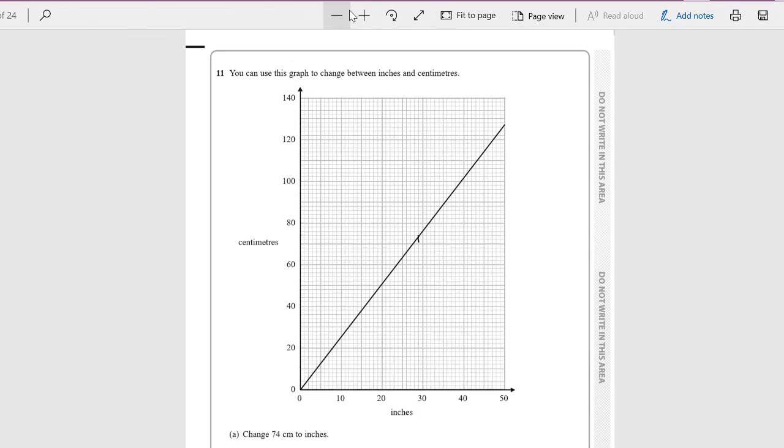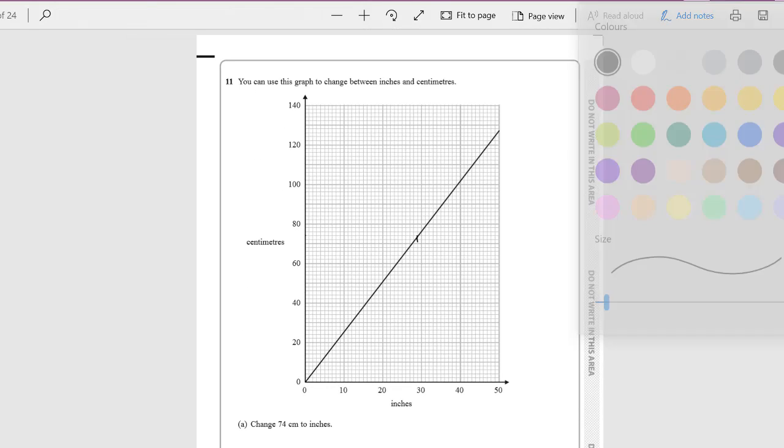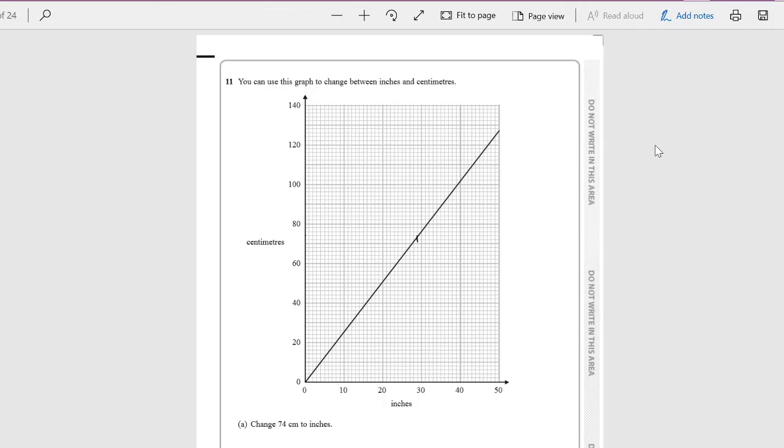Okay, let's just zoom out for this one. Different color. So it says you can use this graph to change between inches and centimeters. So this is like a conversion graph. Change 74 centimeters to inches. So on the y-axis we've got centimeters, and on the x-axis we've got inches.